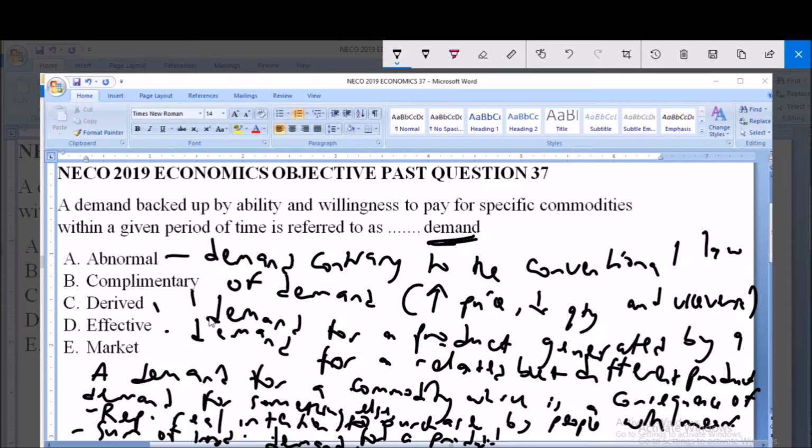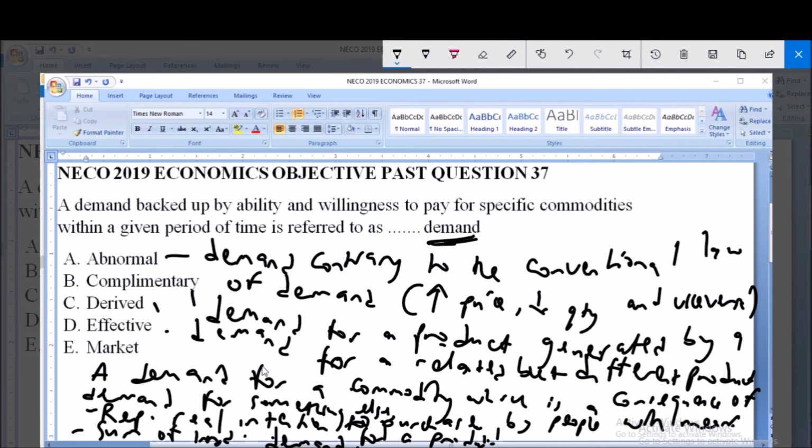So we have seen what each of these options mean, and we described effective demand as a level of demand that represents a real intention to purchase by people with means to pay.